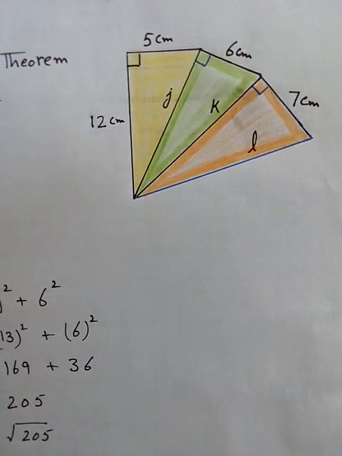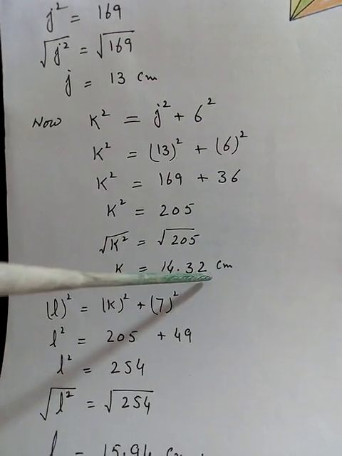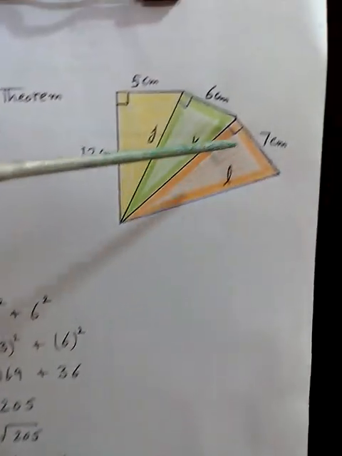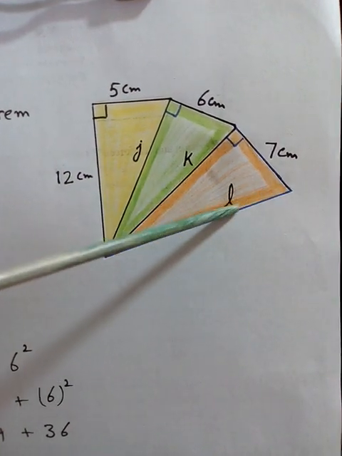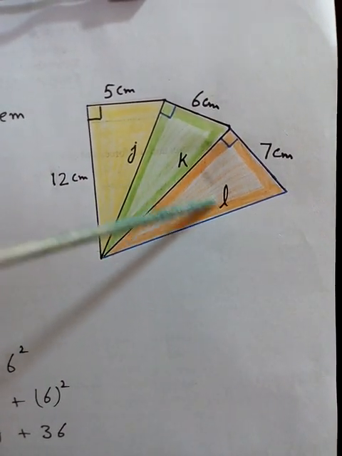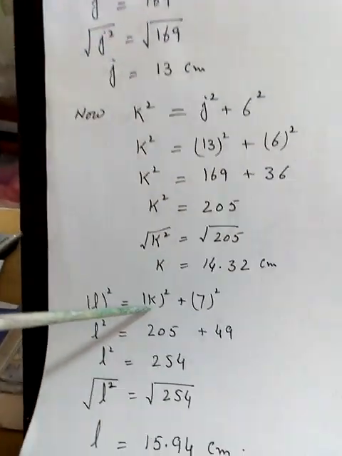Now we have to calculate the value of L for this triangle. The value of k we have already calculated, 14.32 centimeter. The side opposite to angle 90 is the hypotenuse. So L square is equal to k square plus 7 square.